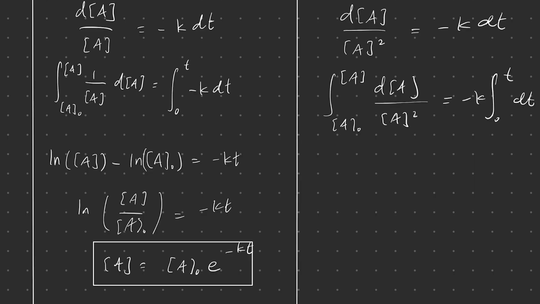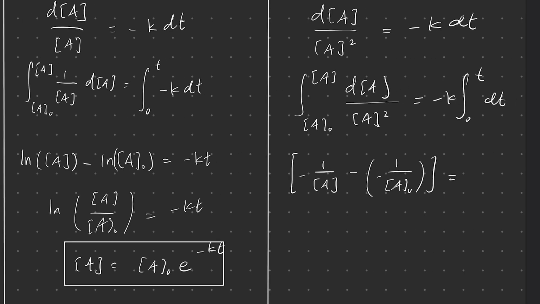And now, integrating this, remember the integral of 1 over x squared is negative 1 over x, using the reverse power rule. We can write this down slowly to not make any mistakes. So negative 1 over A minus negative 1 over A naught. That's our left side, and the right side is again negative kt.